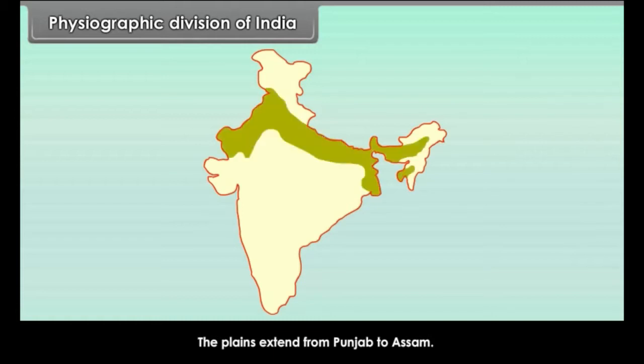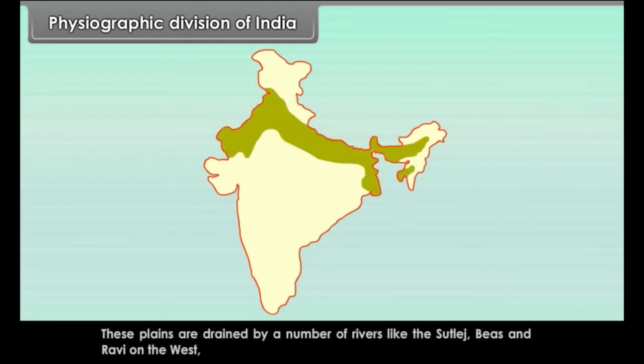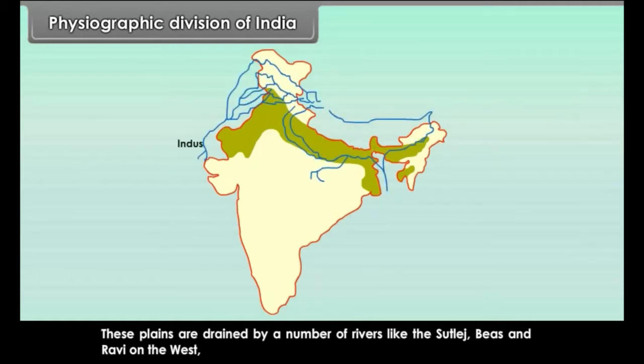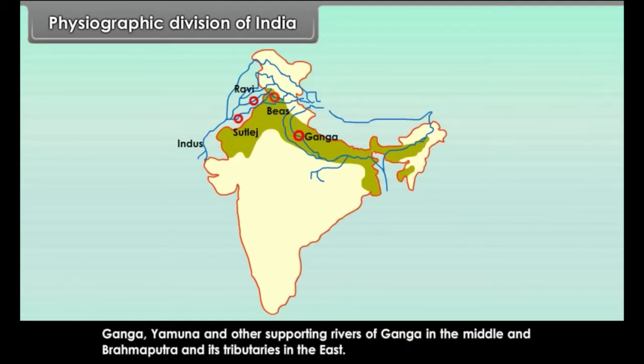The plains extend from Punjab to Assam. These plains are drained by a number of rivers like the Satluj, Beas and Ravi on the west, Ganga, Yamuna and other supporting rivers of Ganga in the middle, and Brahmaputra and its tributaries in the east.